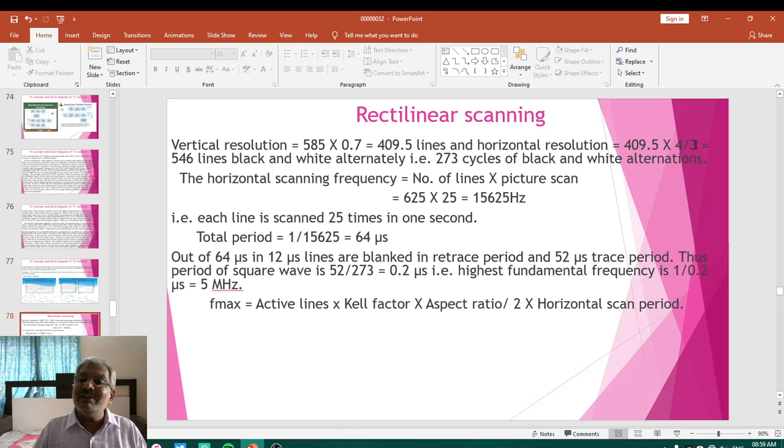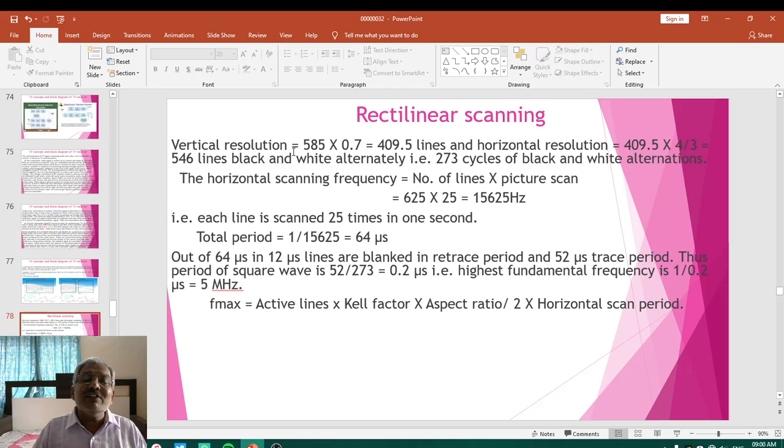Aspect ratio is nothing but the ratio of width to height of the television screen, of the picture raster. 0.7 is the scale factor.